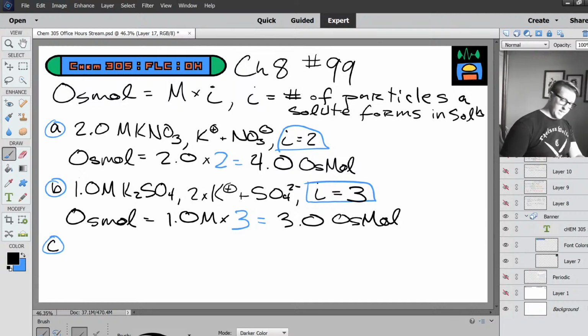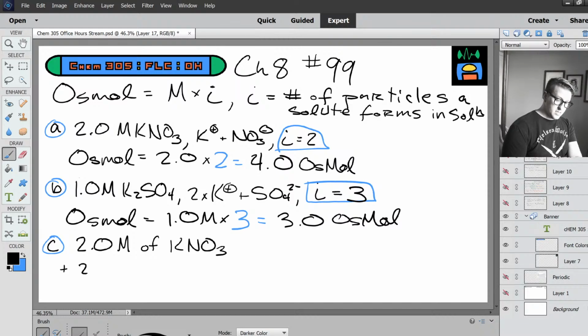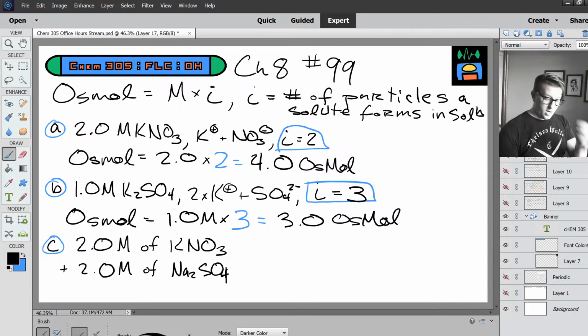Oh, interesting. Okay, so we've got 2.0 molar of KNO3 and 2.0 molar of, what was the other one? Na2SO4. All right, so here's the thing. Osmolarity is the number of particles the solute forms.